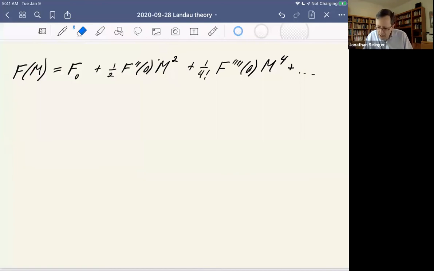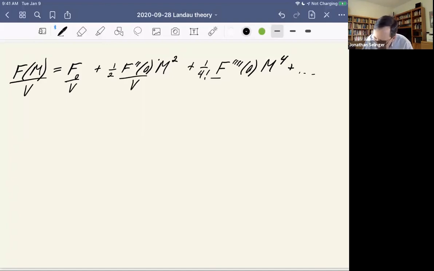Okay, so now, because we think the free energy should be an extensive variable, that is something proportional to the volume of the system, right? If we have a system that's twice as big, we ought to have twice the free energy, right? So let's just normalize everything by the volume. So I'll divide through everywhere by the volume. And this free energy per volume, I will call little f.